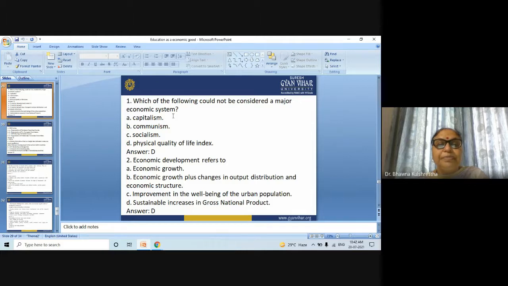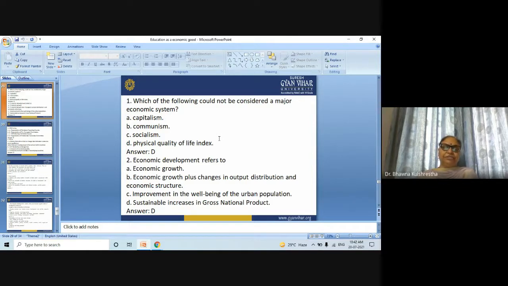Capitalism, communism, socialism, or physical quality of life index. The right answer of this question is physical quality of life index.